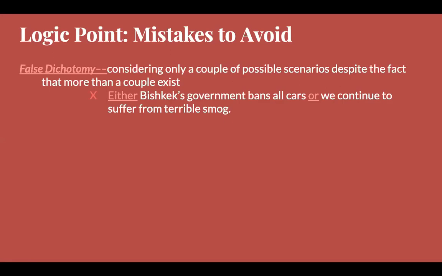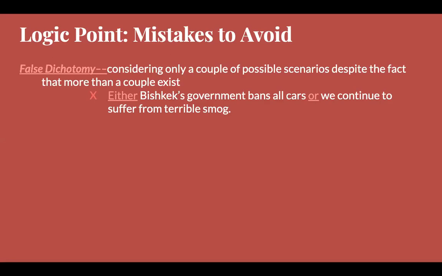In past presentations, the examples that I used were about Bishkek's pollution, an imaginary thesis about pollution in Bishkek. So just to return to that theme, a false dichotomy would be something like either Bishkek's government bans all cars or we continue to suffer from terrible smog, right?